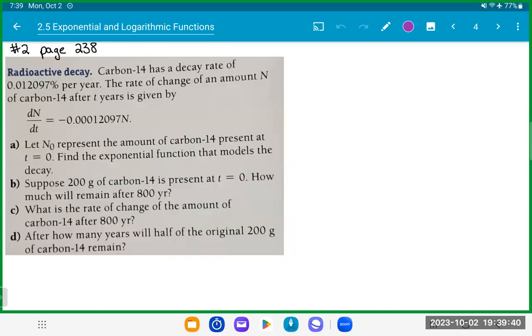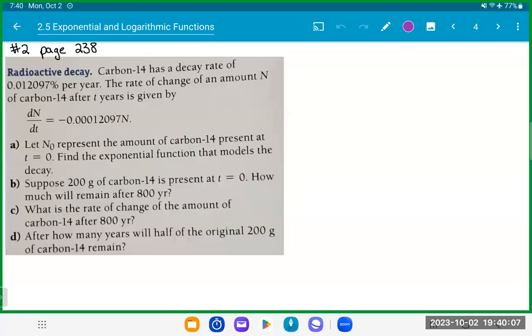The first one is radioactive decay, where we're looking at carbon-14, and it has a decay rate of 0.012097% a year. That's a really, really small decay rate, right? It's not even half a percent. It's not even a tenth of a percent. It's like 100th of a percent per year.